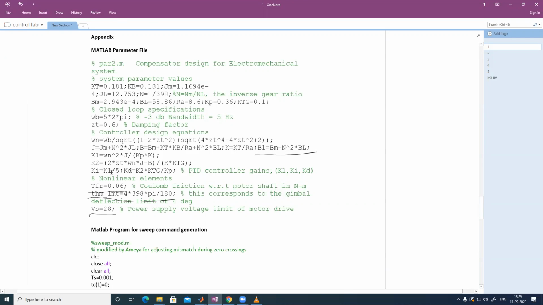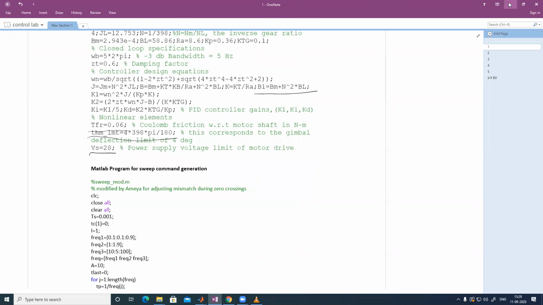The K value is k1 by 5, no, k1 by 5. For the step response, it will be k1 by 5 or k1 by 10, you can take it. The T time limit you have to enter, TFR you have to enter, VS you have to enter. These three things you have to enter, and the area and B1. Other things remain the same, and you can start doing.